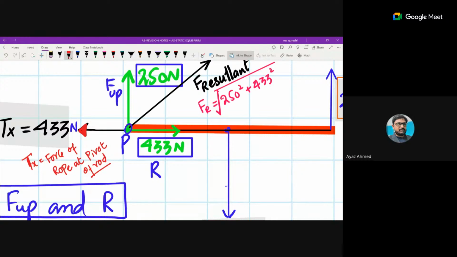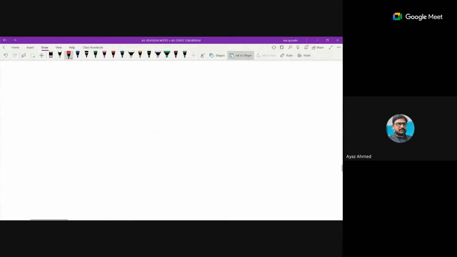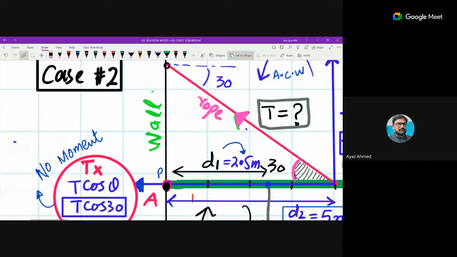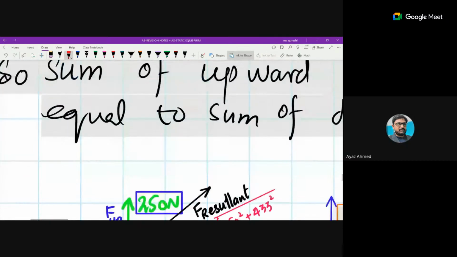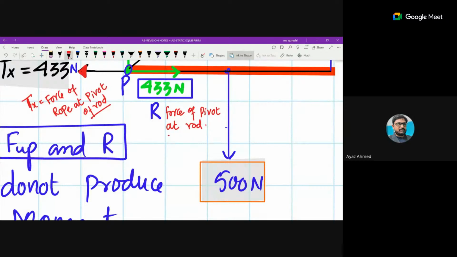So definitely there would be a force acted upon the rod by the pivot. So this R is the force of the pivot on the rod, or you can say if it is fixed with the wall, as I have mentioned in my diagram, yes, this is the wall, so definitely it would have the normal reaction force with the wall. So you can simply say that is the force on the rod by the wall.